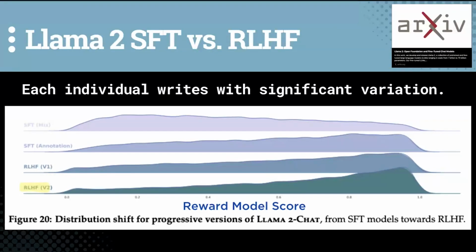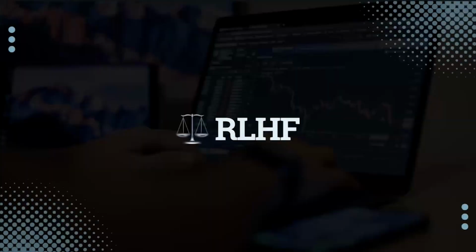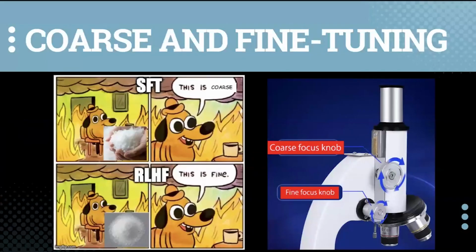So stepping back for a moment to really dive into RLHF, we want to think about this generally as we do the pre-training and then we do the fine-tuning, the instruction tuning, the general fine-tuning. That's sort of our coarse knob of fine-tuning. If you have been a microscopist in a previous life, this might be a great analogy for you.